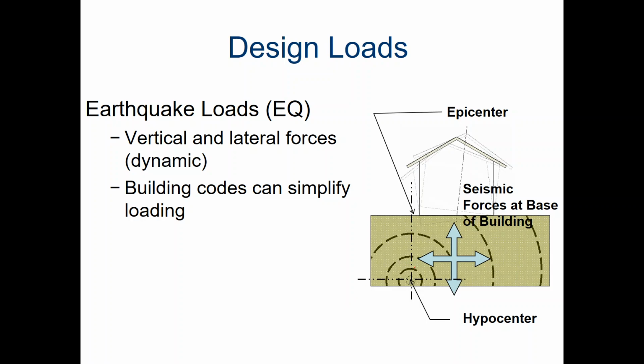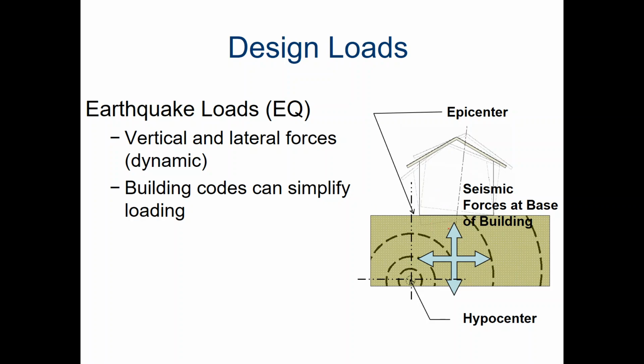Earthquake loads, if you look at where the epicenter of this, or hypocenter I guess, of this earthquake is, you can see that it radiates out, and so how it hits the building is not necessarily straight up and down or straight side to side.